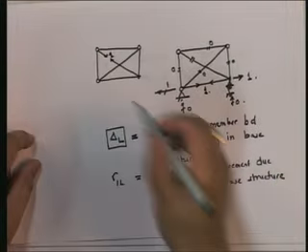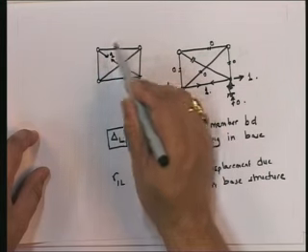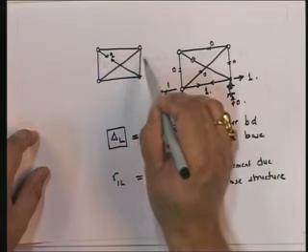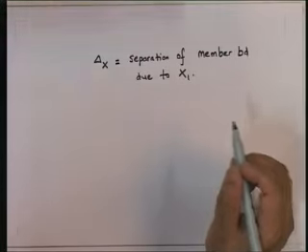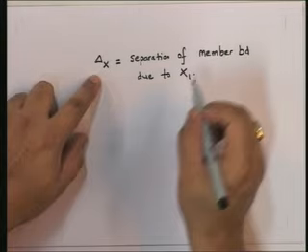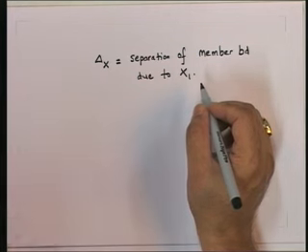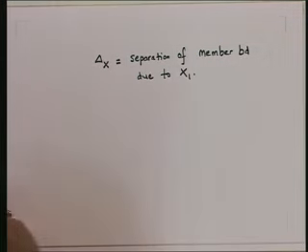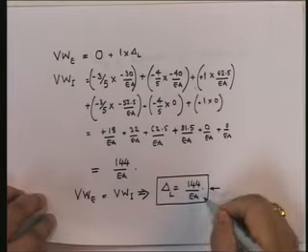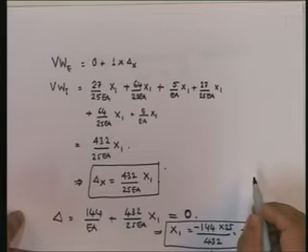The real structure is the one with x1 applied here. Find out all the displacements and deformations, forces in the members and the deformation in all the members, and then take this as the virtual force, and I can find out this delta x. I have already found this out last time also. If you remember, the delta L that I got last time was this. The delta x that I got last time was this.